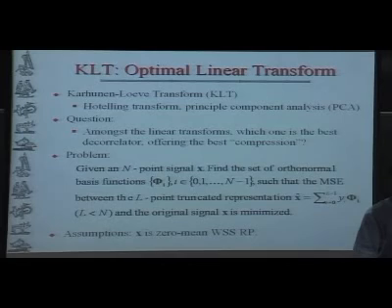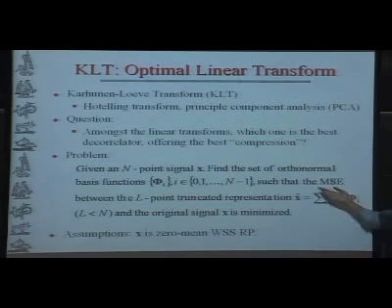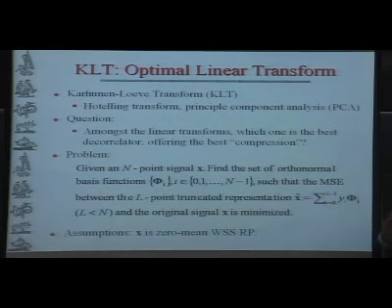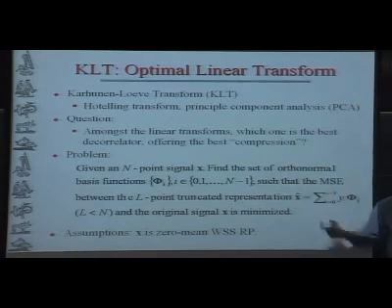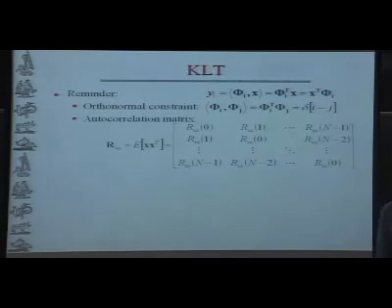Same idea as we have been doing before. We're going to write the mean square error between x and x hat, and we're going to do some derivatives, and hopefully we're going to come up with the phi. That's the overall game plan. Let me remind you that the orthonormal constraint means this: the dot product between phi i and phi j is just delta i minus j.